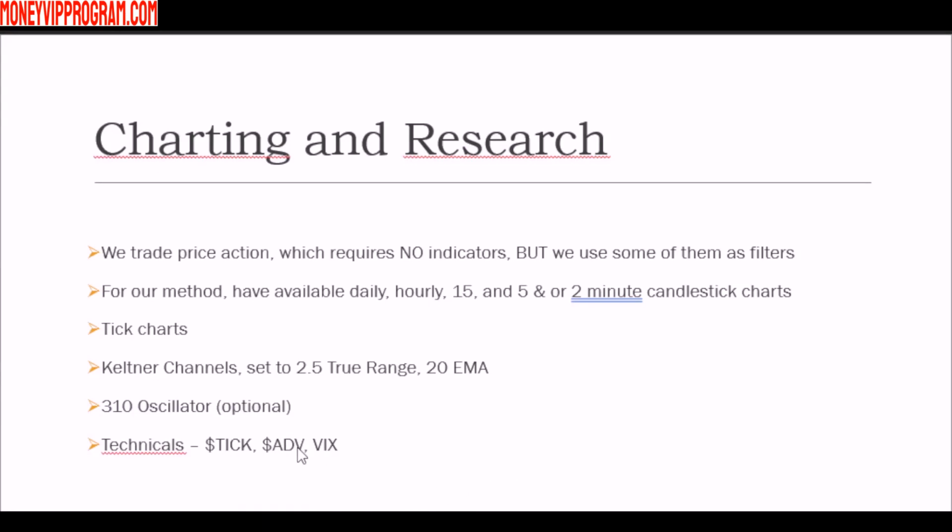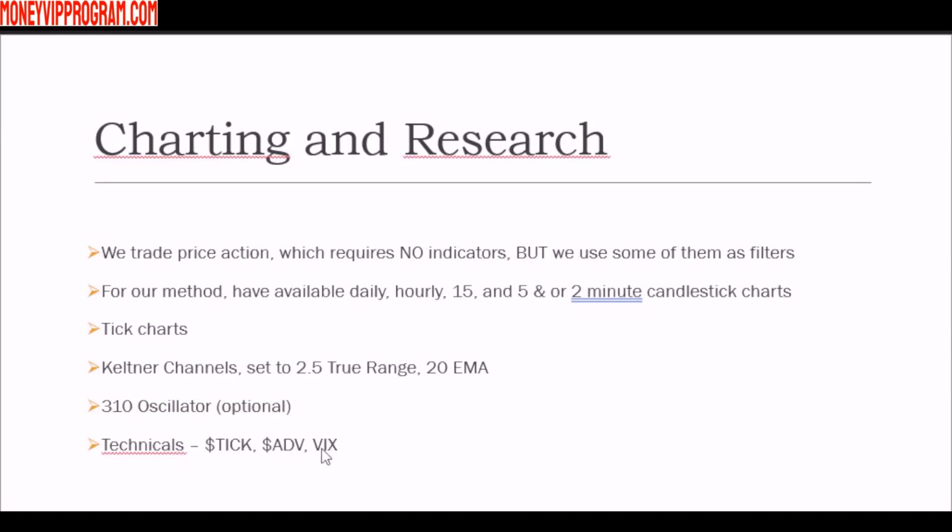It just measures the amount of stocks advancing versus declining. If you can't get the tick, use the advanced decline. I have them both going. For the most part, they pretty much follow each other, but sometimes there can be discrepancies. But one or the other, whatever you can get, and then the VIX, the volatility index.